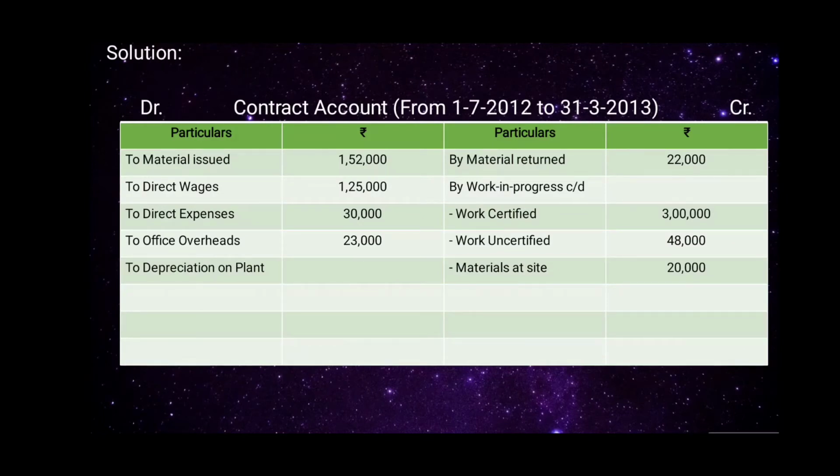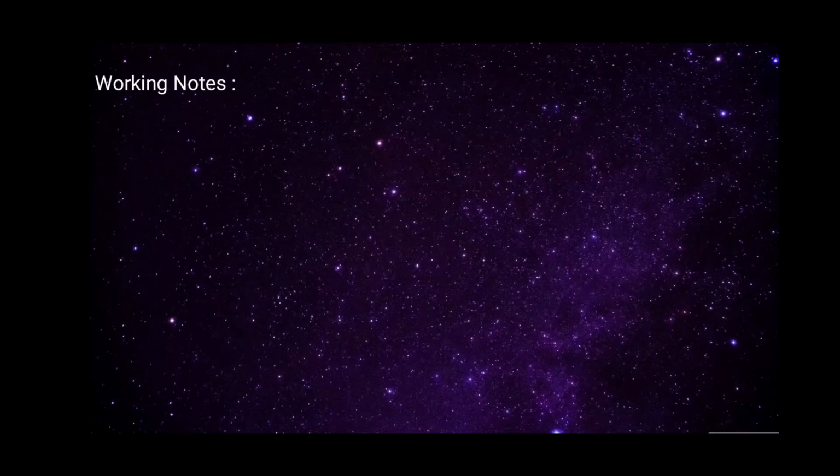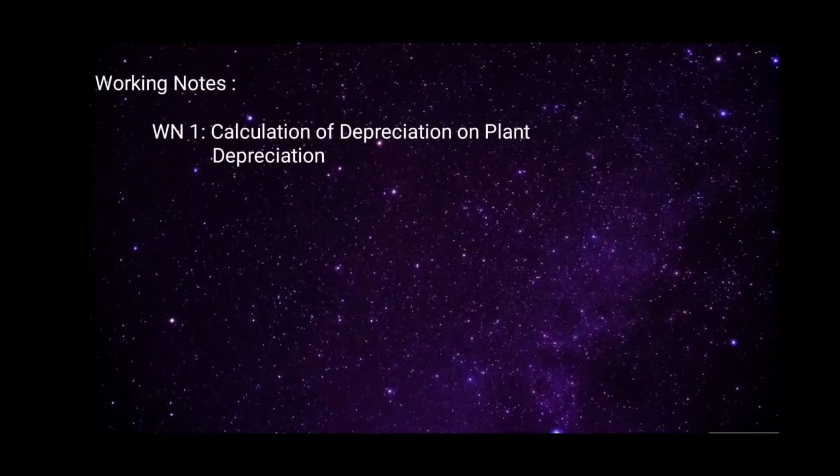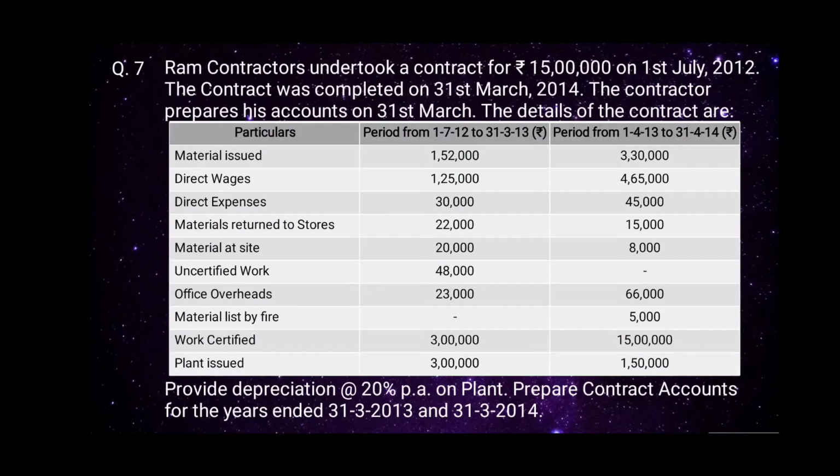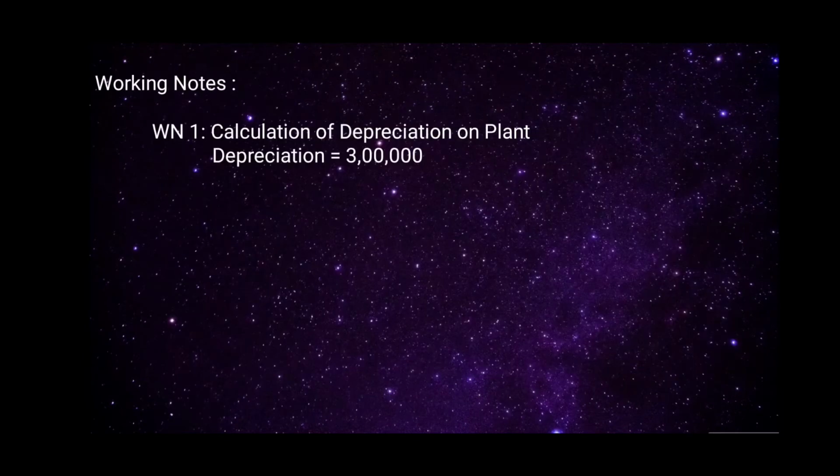So we'll calculate the amount of depreciation on plant. We need to prepare working notes. Working note number 1, calculation of depreciation on plant. Depreciation is equal to rupees 3 lakhs at the rate of 20% from July.